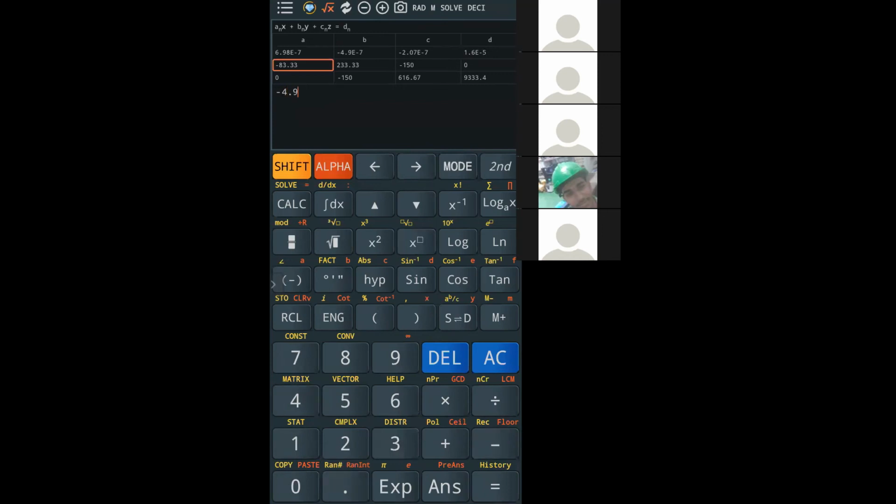Then minus 4.91 into 10 to the power minus 7. 5.31 into 10 to the power minus 7. 0.